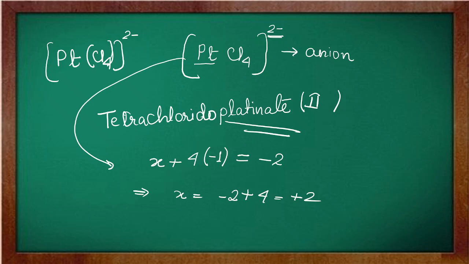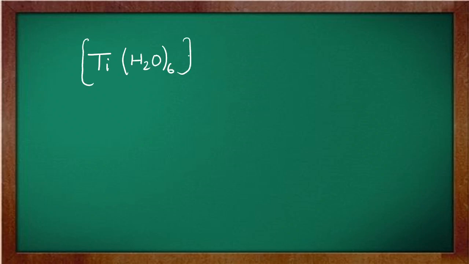Let me do another one. Another one is Ti, then H2O, whole 6, and this carries a charge of 3 positive. When it is in the positive form, the cationic form, how was the name written?